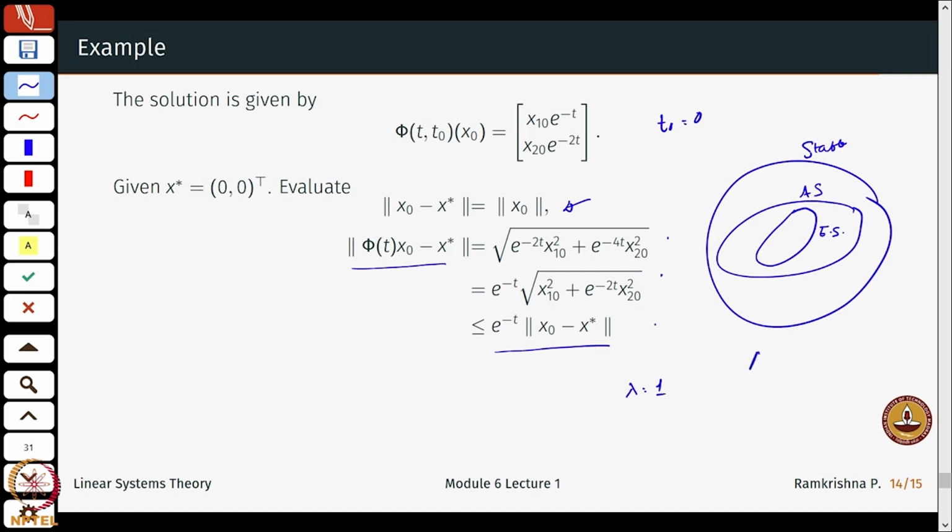Now a relation between asymptotically stable and exponentially stable: all exponentially stable systems are asymptotically stable, but are all asymptotically stable systems exponentially stable? Well, it turns out in the LTI case, which means the linear time invariant case, exponential stability and asymptotic stability would coincide. And we will do proofs of this.